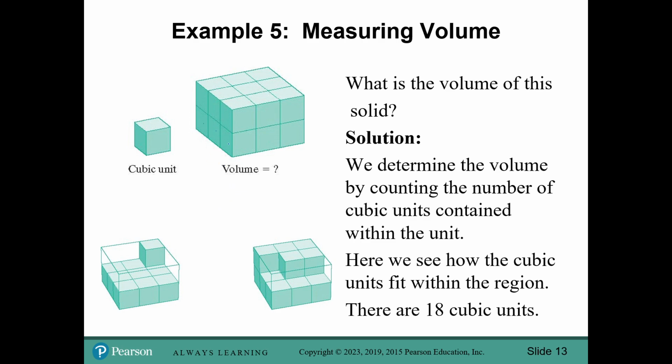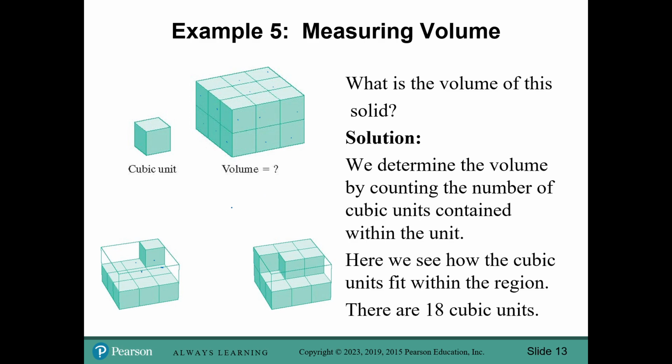That's 1, 2, 3, 4, 5, 6, 7, 8, 9, 10, 11, 12, 13, 14. But then there's a few that you can't see, because you couldn't see this one, 15, 16, 17. You couldn't see the one on the bottom, that'd be 18, right? So you have to visualize where it's at, because when you have a 3-dimensional figure on a 2-dimensional plane, which is your screen at this time, it can be hard to visualize.